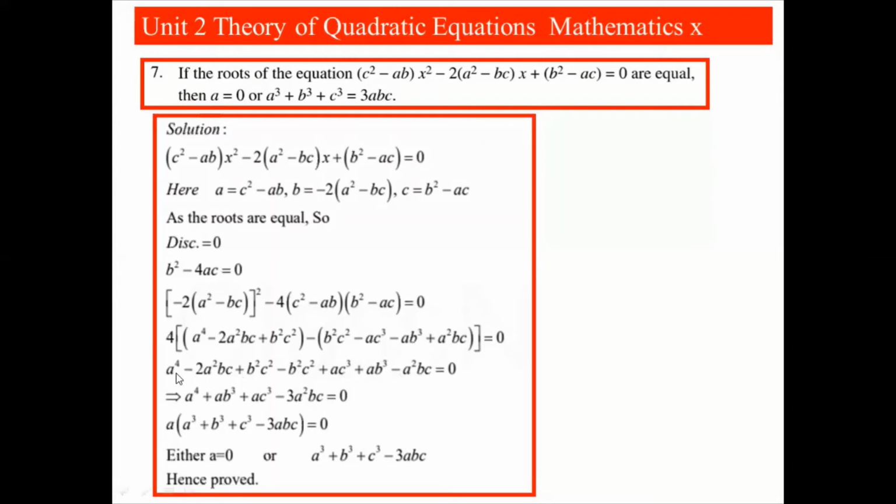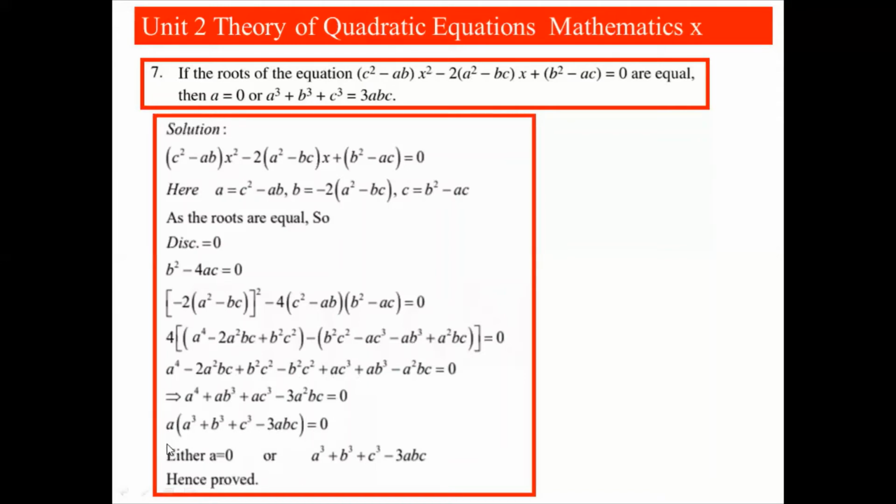So we can write this as a4 plus ab cube plus ac cube minus 3a square bc. Now we can take a as common. So we are left with a cube plus b cube plus c cube minus 3abc is equal to 0.